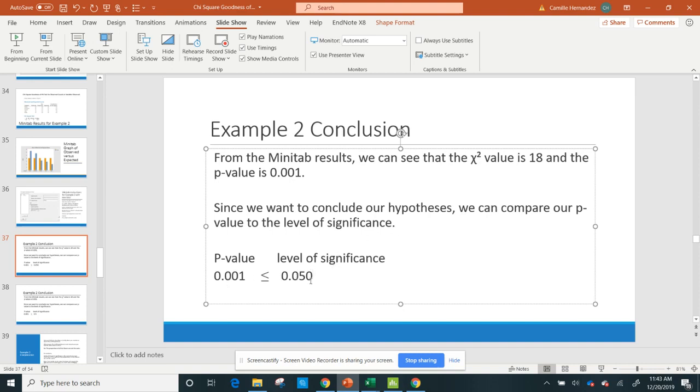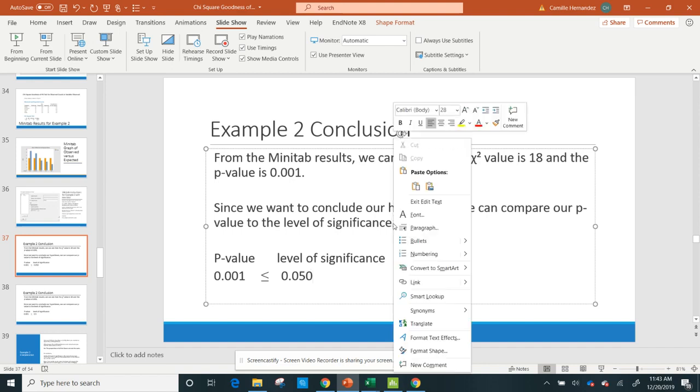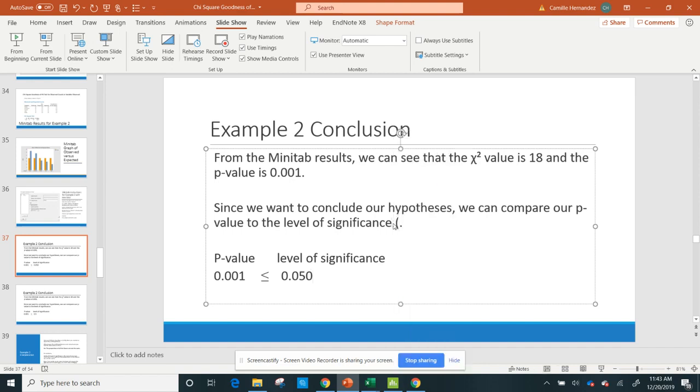Because I had that 5% level of significance, and I'm going to put this here so it might help, 5% equals the same as 0.05. Exact same thing. I just added my 0. So because the p-value is less than the level of significance, I reject the null.